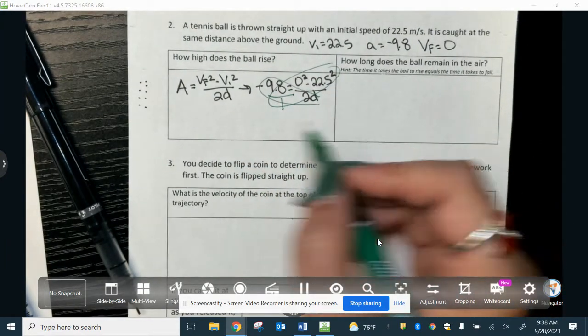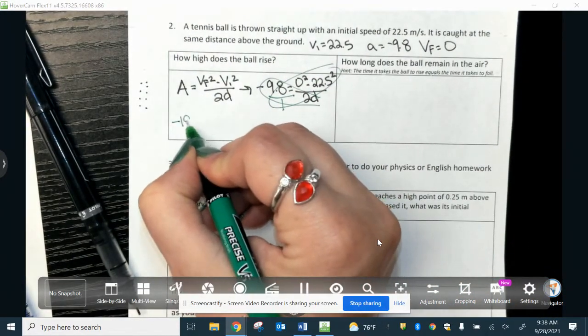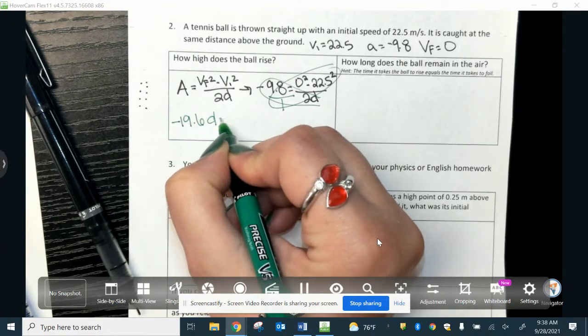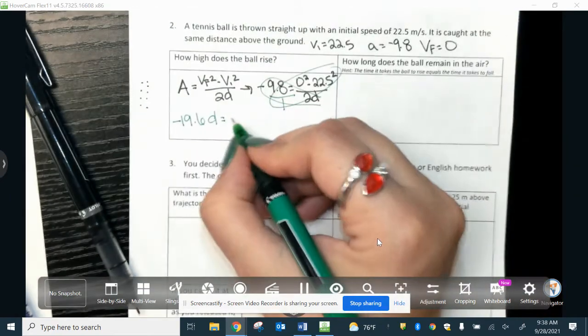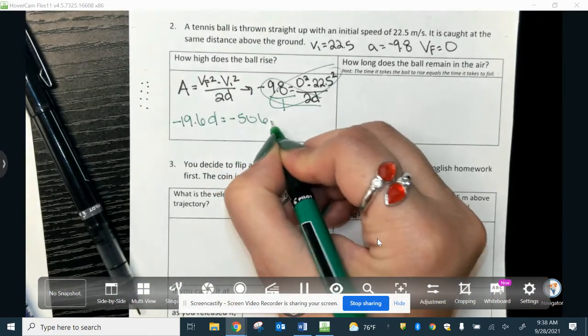Cross multiply. 19.6d equals negative 506.3.